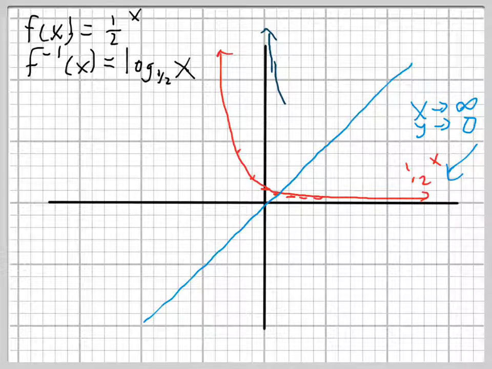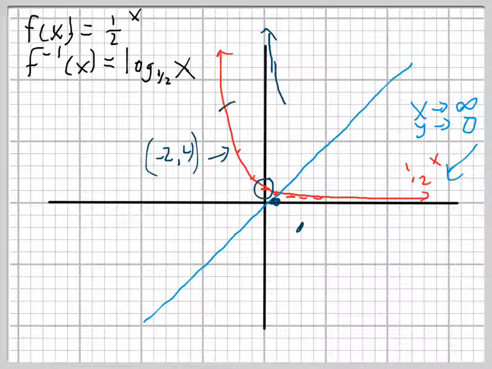Okay, again, let's pick a few points. Well, still the point 0, 1 is on our regular function, so we know the point 1, 0 right there is going to be on our inverse function. Let's see, what else do we got here? We had this point, for instance, -2, 4, which means that the point 4, -2 is going to be on my inverse function.